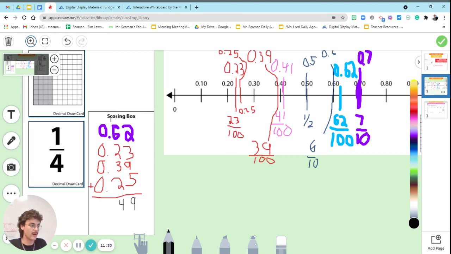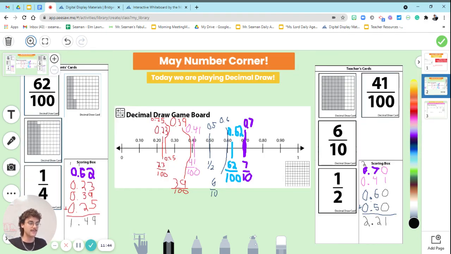So I'm going to write 4, carry that 1, and bring the 1 down. Again, I bring my decimal point down because it is not 149, it is 1 and 49 hundredths.